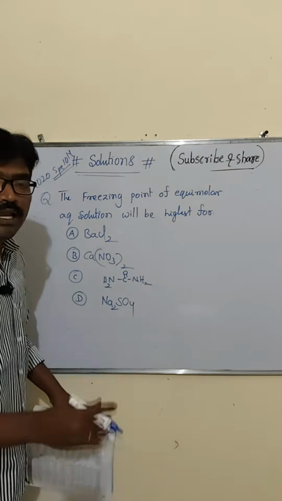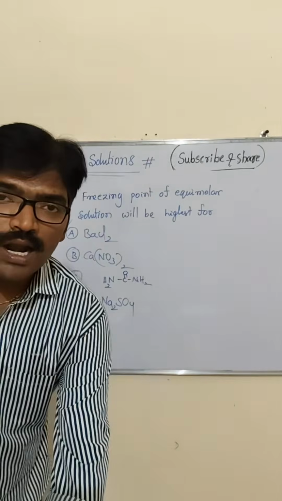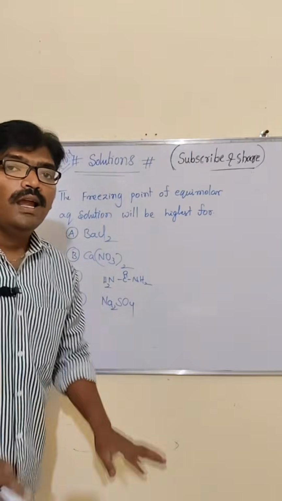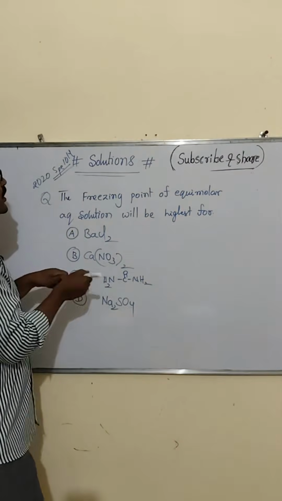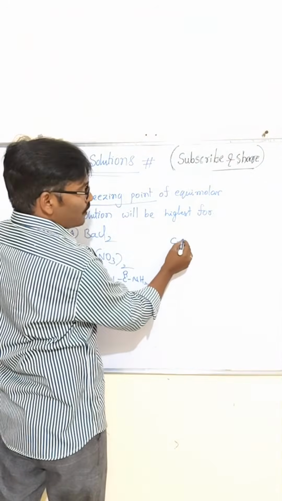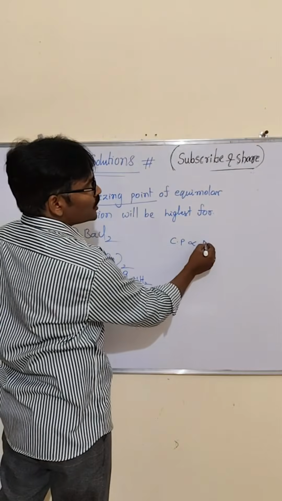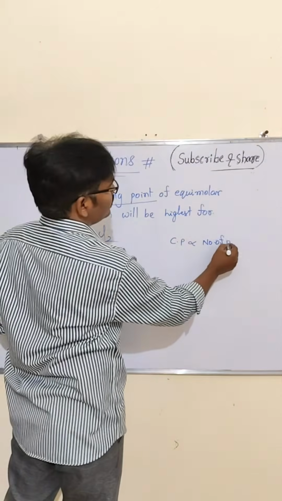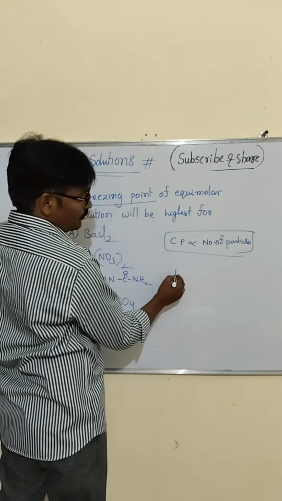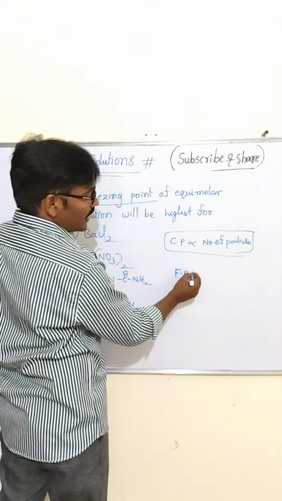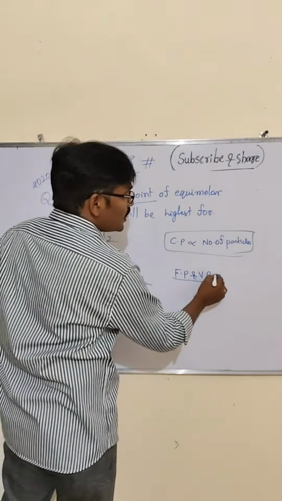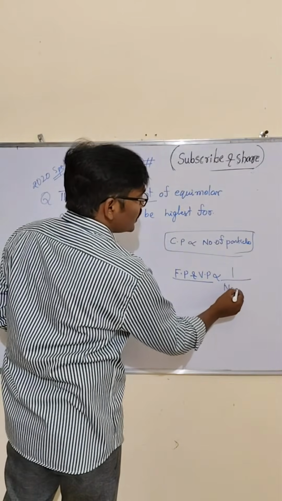Observe the question carefully, my dear students. The question asked is not about the colligative property, it is about freezing point. I told that only colligative properties are directly proportional to the number of particles, but freezing point as well as vapor pressure are inversely proportional to the number of particles.